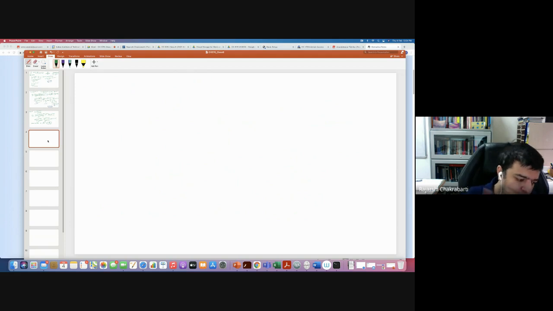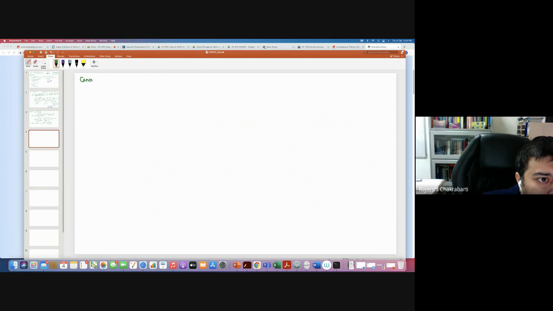So now we move back to our old canonical ensemble. I'm in the canonical ensemble, and I have a system made of a single particle essentially. And this particle is structureless.